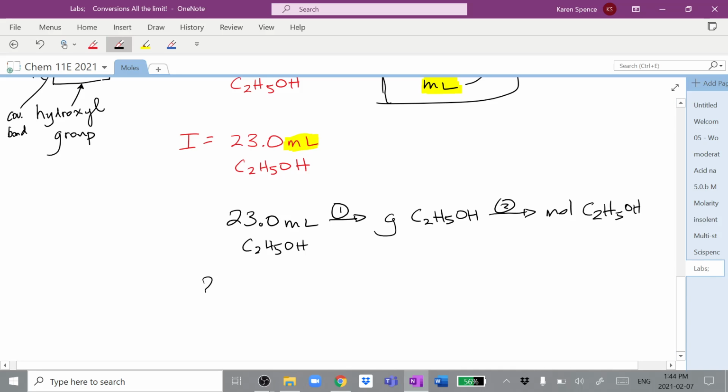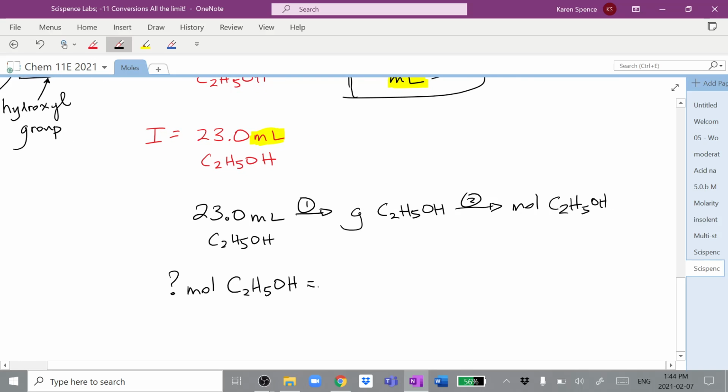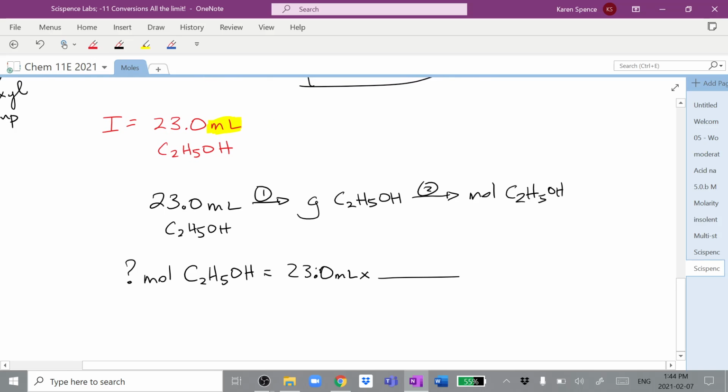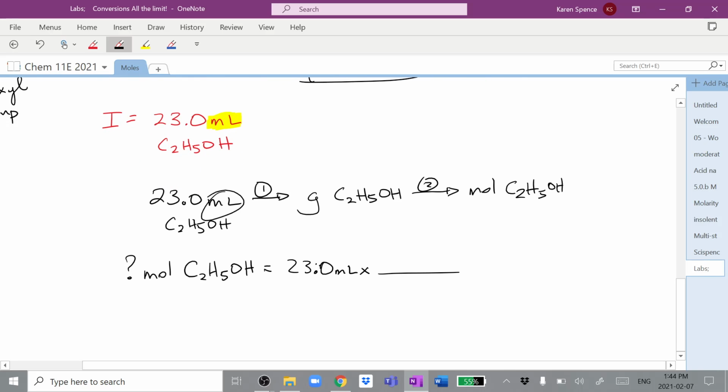So, how many moles of C2H5OH is equal to, we're starting with 23.0 milliliters times, and we have here, let's see, I need to cancel milliliters and find grams.